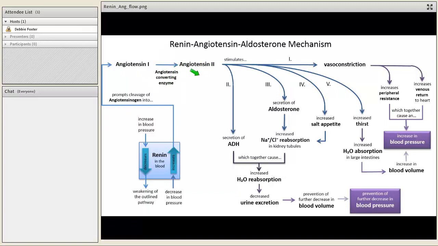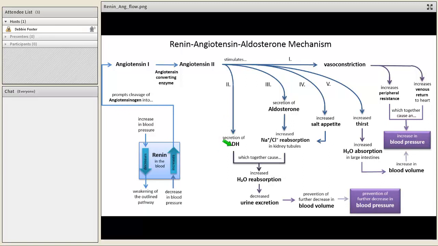Strong vasoconstriction. It stimulates aldosterone, which I'm going to talk about, and ADH. ADH is a hypothalamic hormone that's released in the posterior pituitary, and it increases water absorption. How and why you don't have to worry about till the urinary system, thank goodness. So just know that it helps increase.